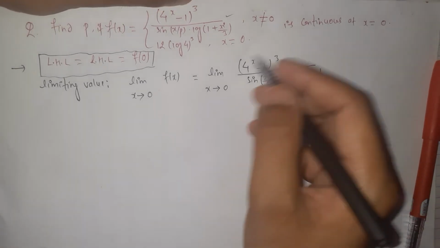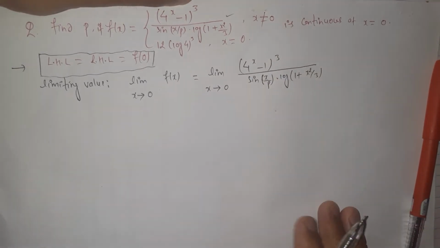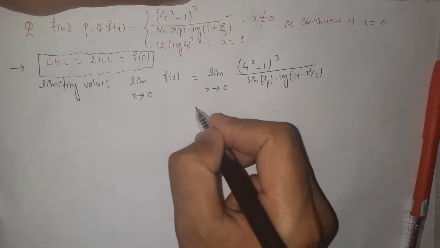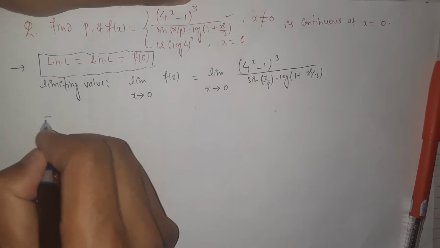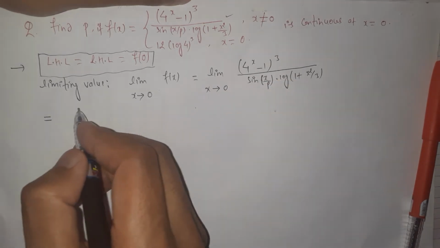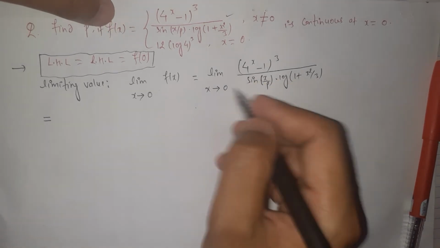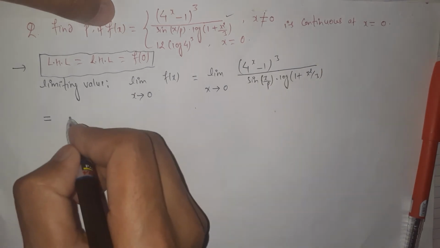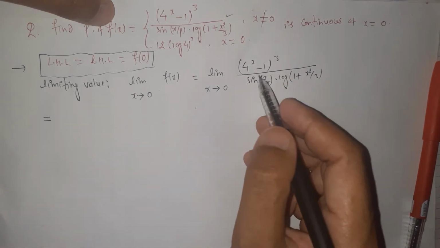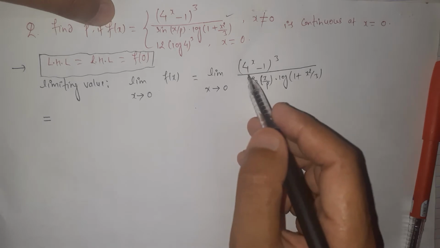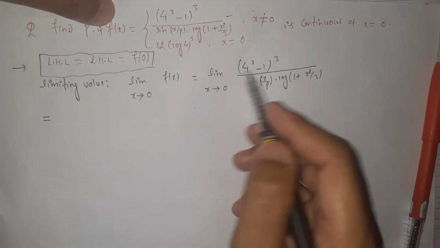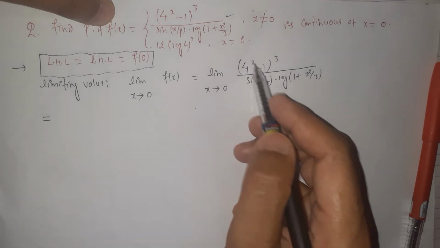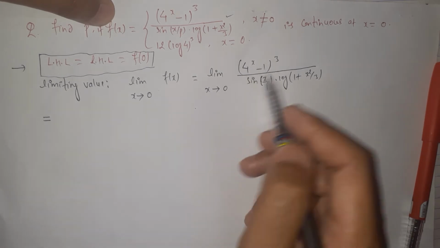Let's calculate the limiting value of this function. Let's simplify this expression. By the property of limits, in division form we can distribute the limit over the numerator and denominator separately.